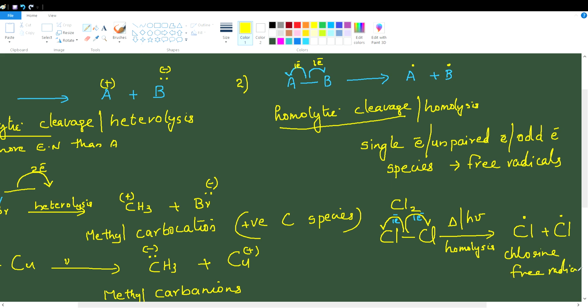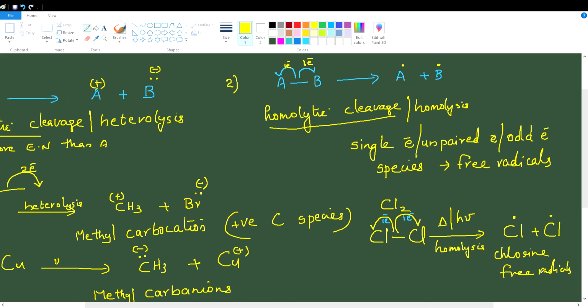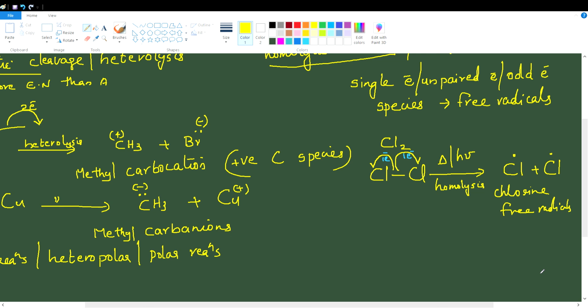The homolysis results in the formation of free radicals. Homolysis is represented by a half-headed arrow, fish hook arrow. This represents the movement of a single electron. And the products are free radicals. What are free radicals? The single electron species or unpaired electron species or odd electron species are called free radicals.